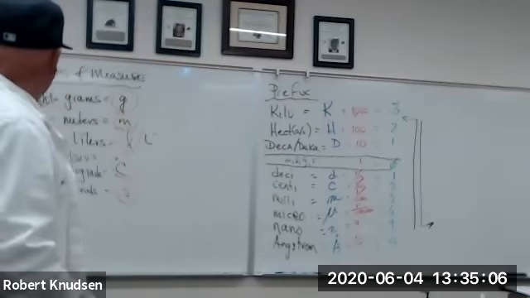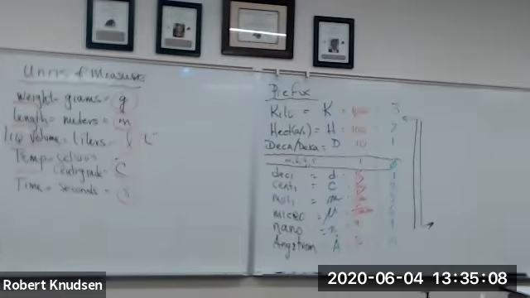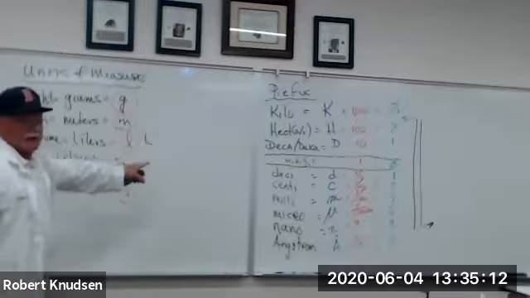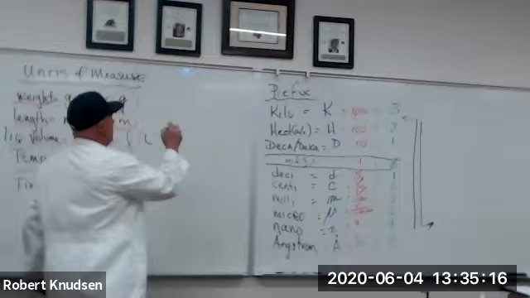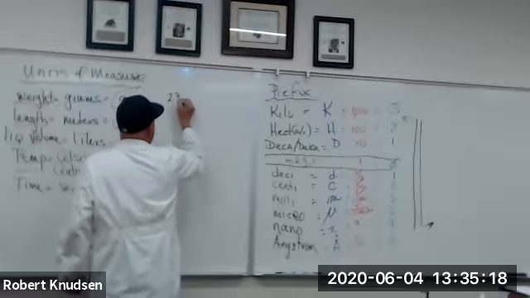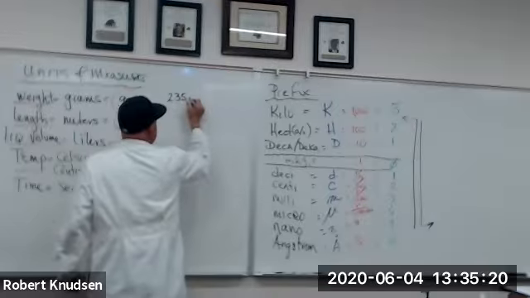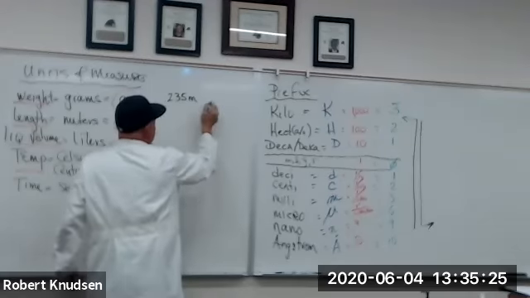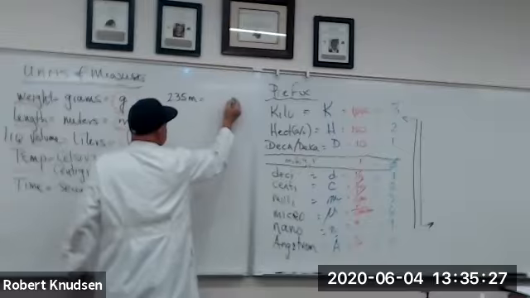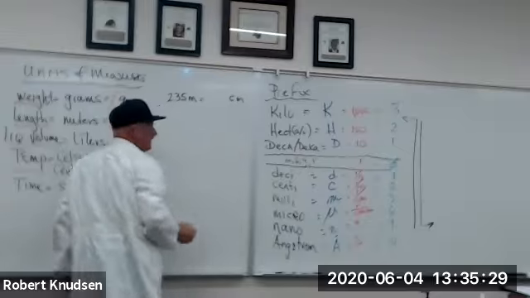So, you can't see that. I'm going to do it right here. Okay. Here's a number. 2.35 meters. Here's where I'm at. 2.35 meters. I want you to change it into centimeters.